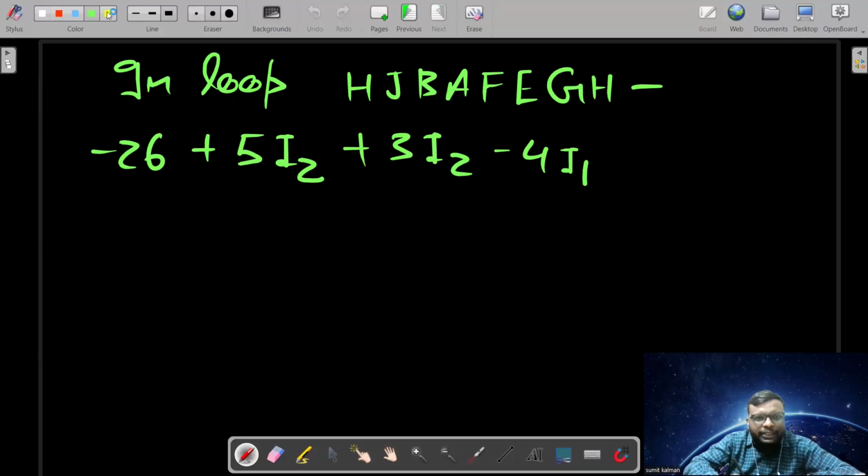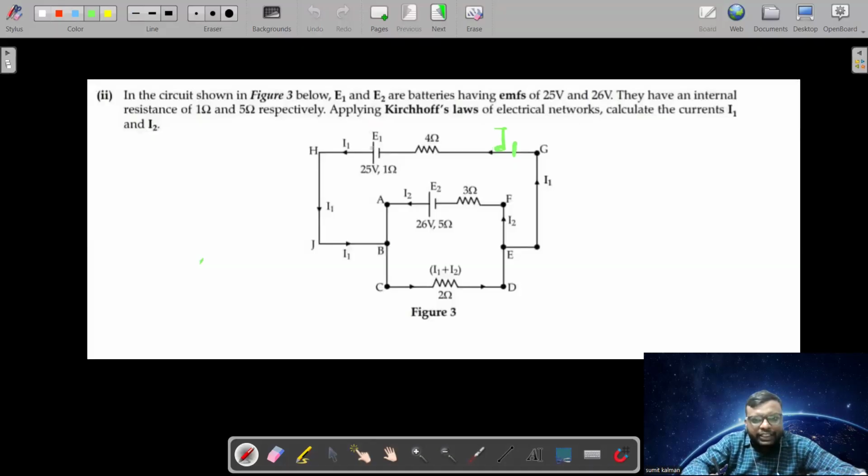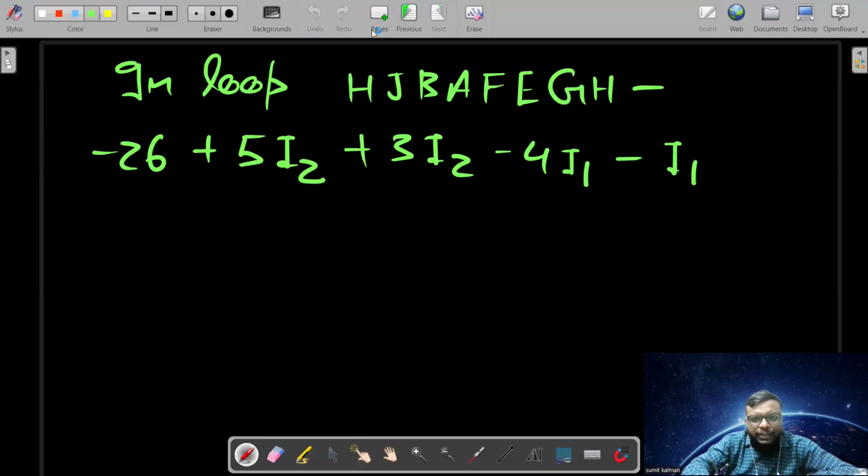So here it will be -1 into I1. And here students, where does the EMF finish? At minus plus, so +25.